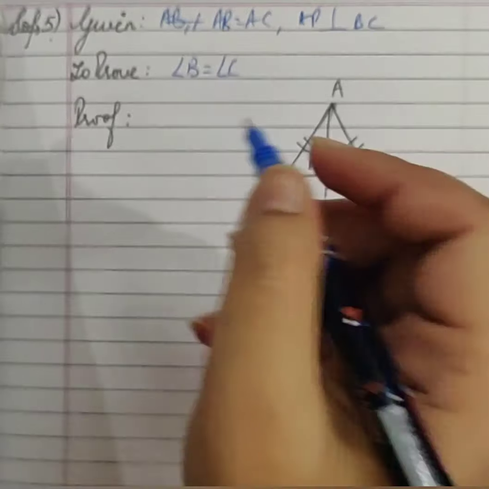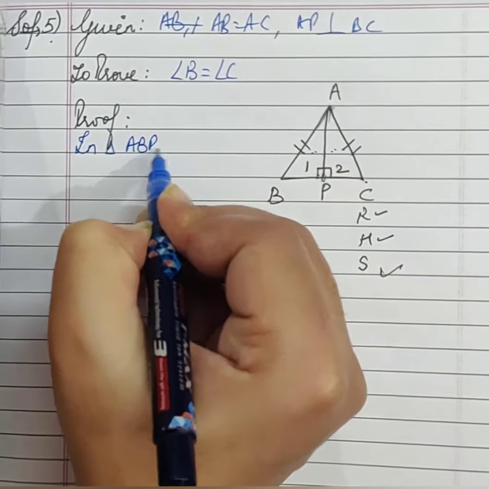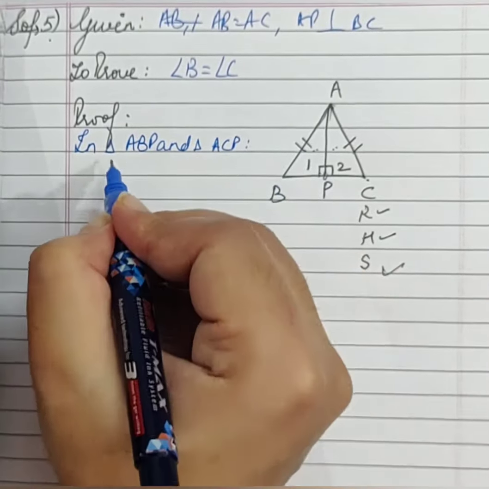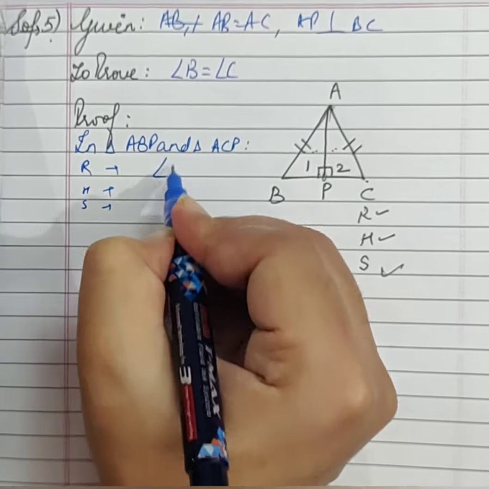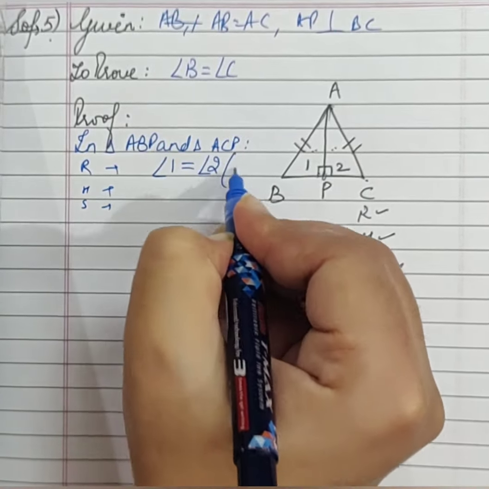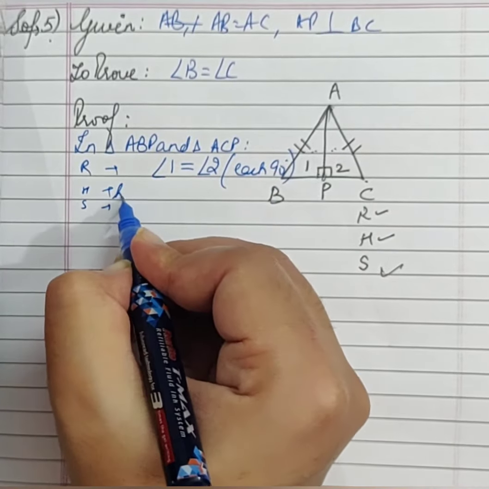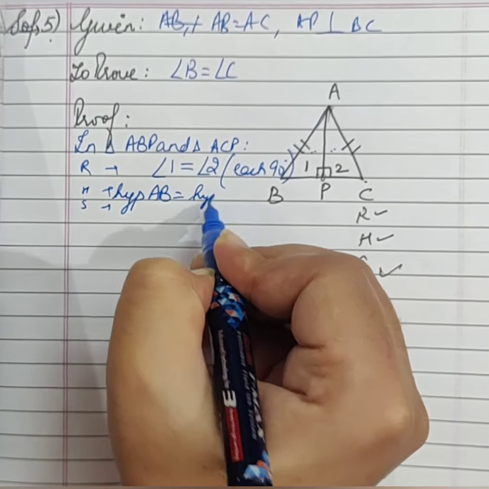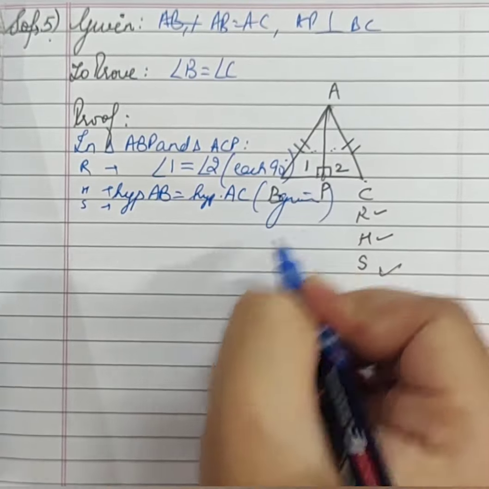Let's start writing. In triangle ABP and triangle ACP, we know it's RHS. So first right angle condition. Angle 1 is equal to angle 2, each 90. Hypotenuse AB is equal to hypotenuse AC. It's given.